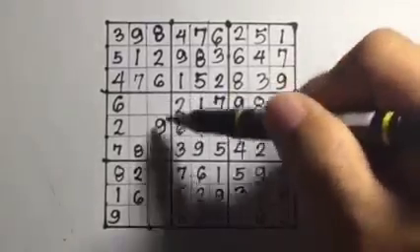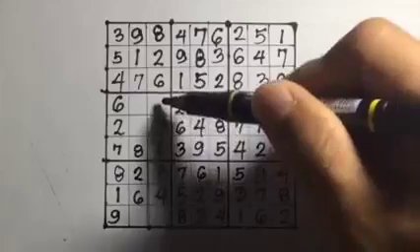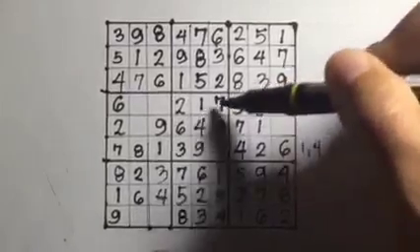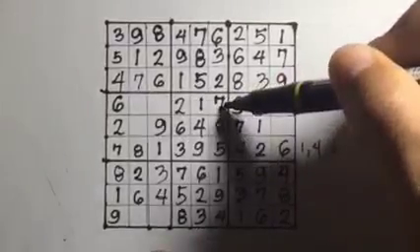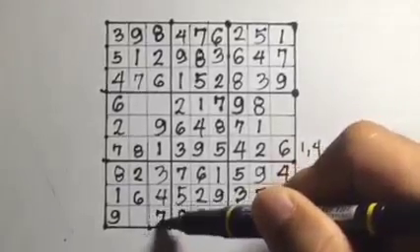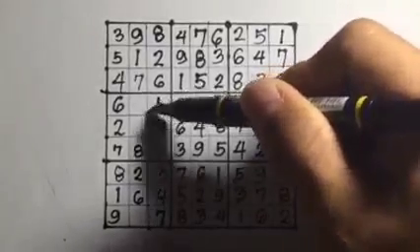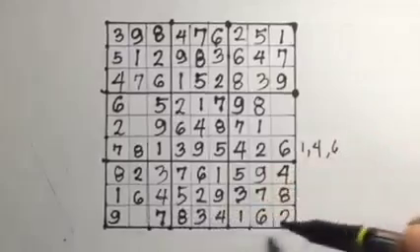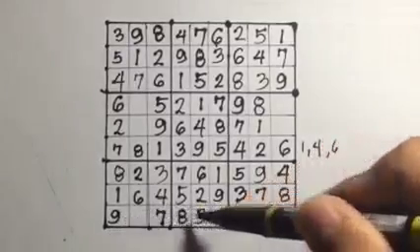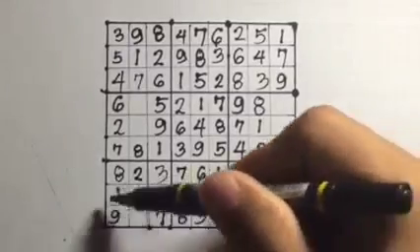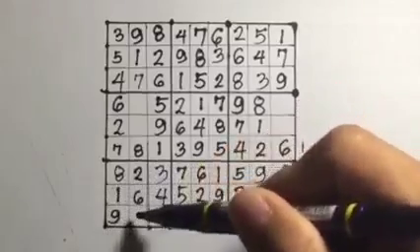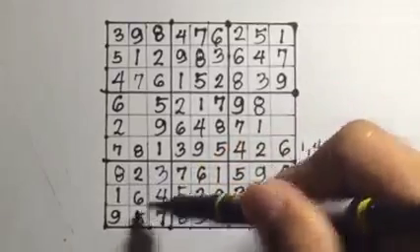Then missing in these two cells here are 5 and 7. So you cannot put 7 in this cell because of the 7. So 7 will be in here. And this is 5. And the missing number in this row and in this block is 5.